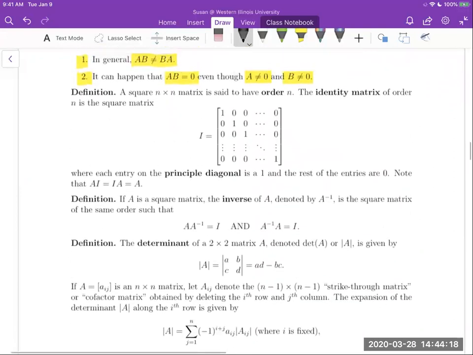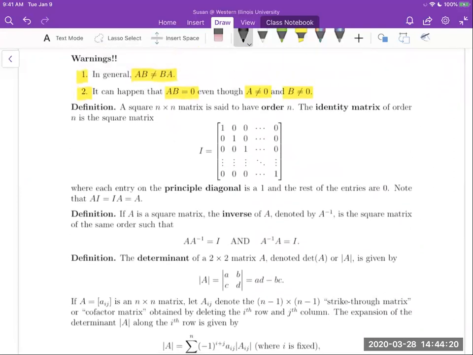A few more pieces of terminology here. If we're going to talk about square matrices, remember that means that the number of rows equals the number of columns. So we'll denote that in general by an n by n matrix. We call that number n the order. And furthermore, the identity matrix of order n is this matrix as described.